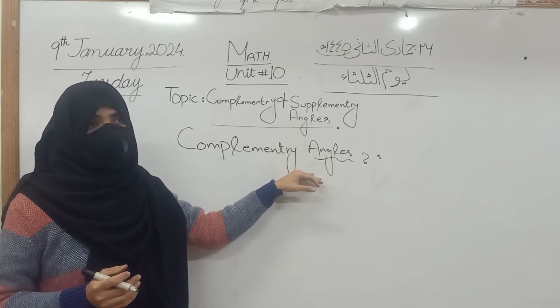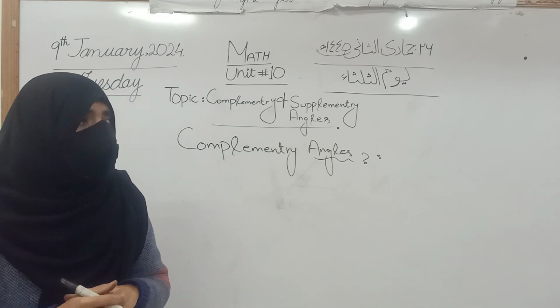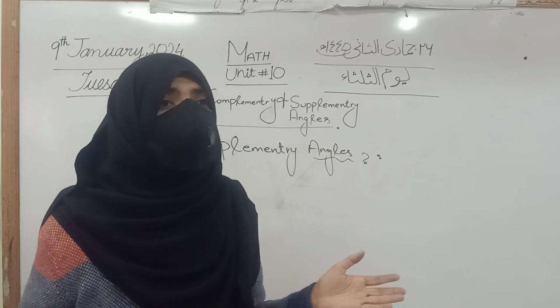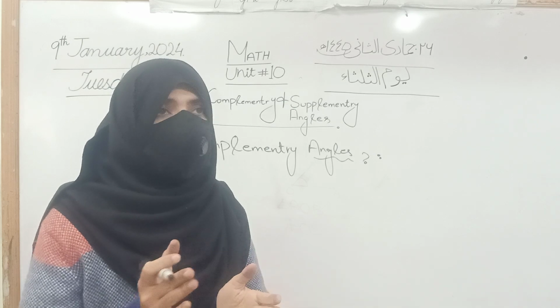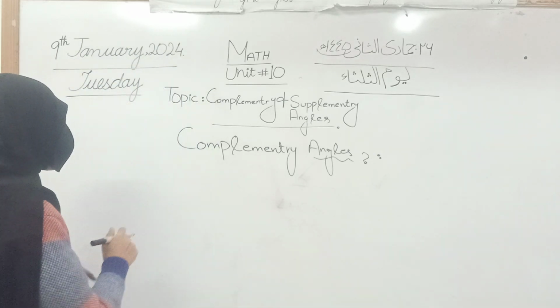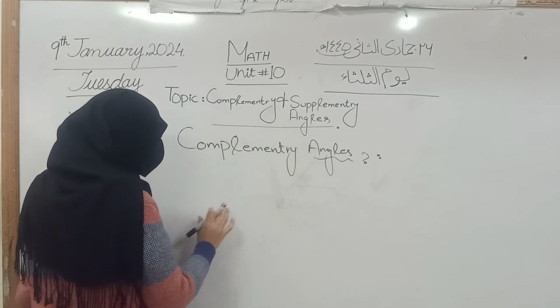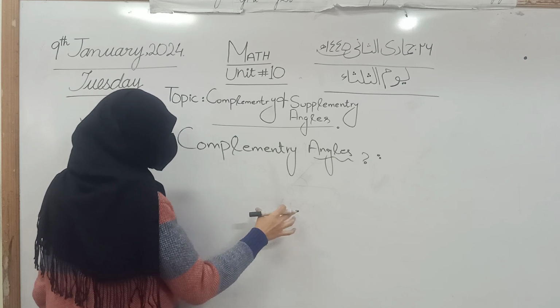What are complementary angles? Two angles that, when added up, sum to 90 degrees will be known as complementary angles. And here I will draw different examples for you.